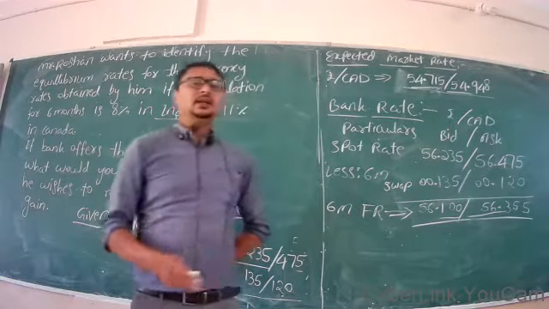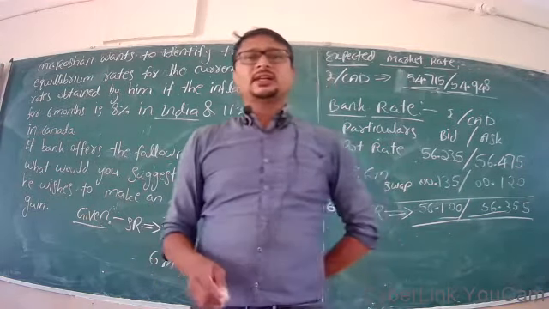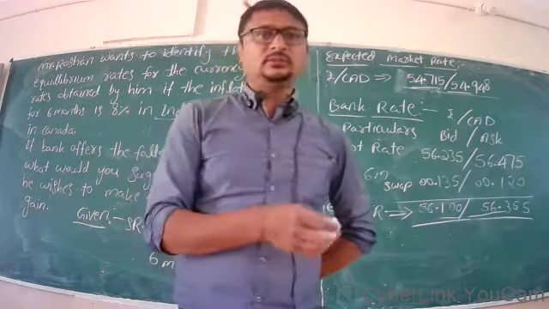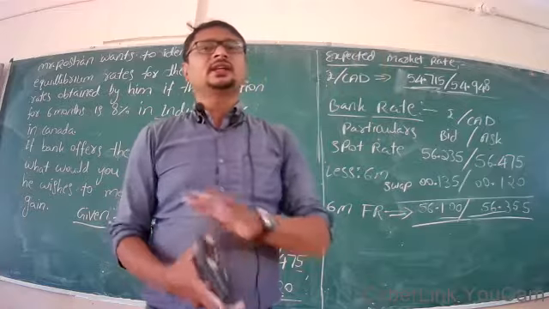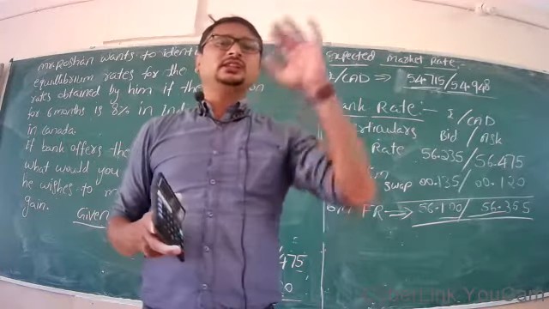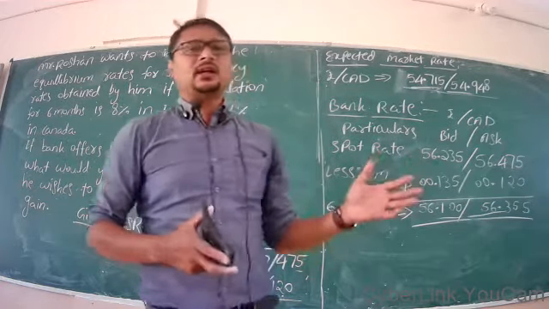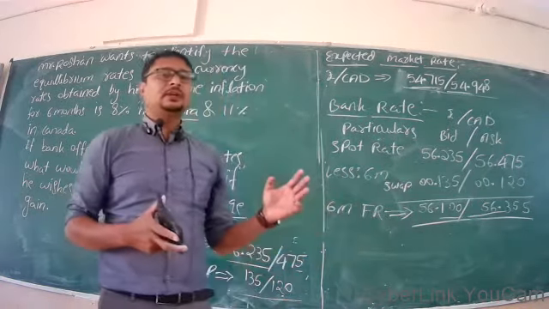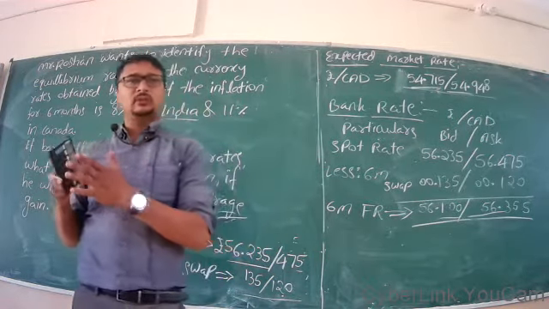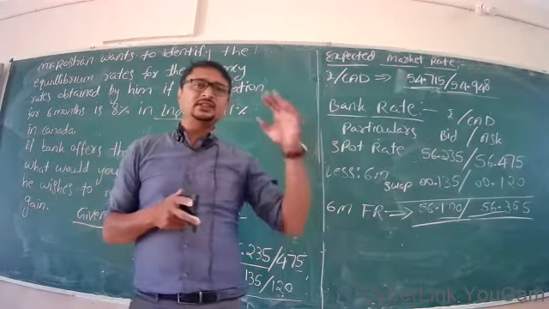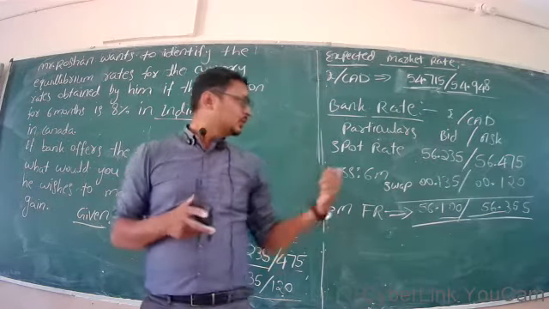If you are buying a dollar in the Indian foreign exchange market and you are selling the same dollar at the Singapore foreign exchange market at a higher rate, that's what arbitrage suggests. So arbitrage can be defined as buying a certain currency at a lower rate in one market and selling the same currency at a higher price in another market. That's how arbitrage gain is calculated.